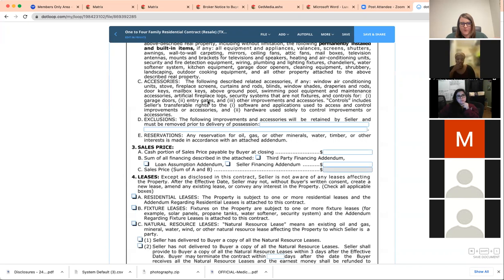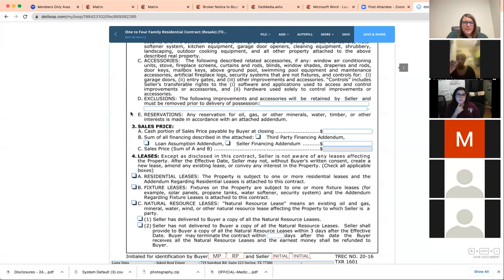So I've seen people write it. Over disclosing is fine, but it's really not necessary. The biggest items are those Googles and Alexas and Nests and Rings. All of that stuff is now considered a fixture. And then staging material, it would be mainly if they use blinds.